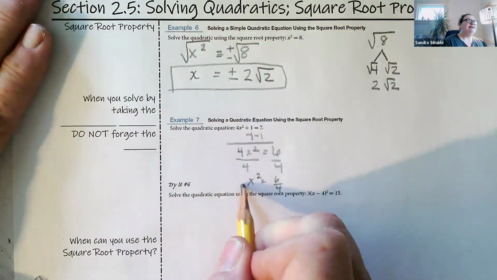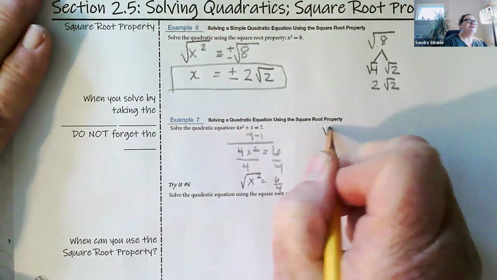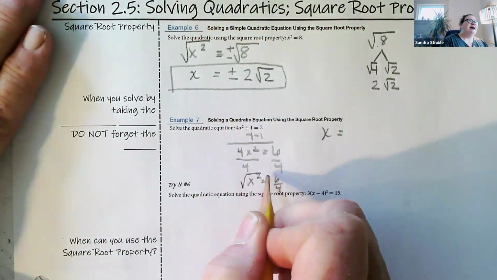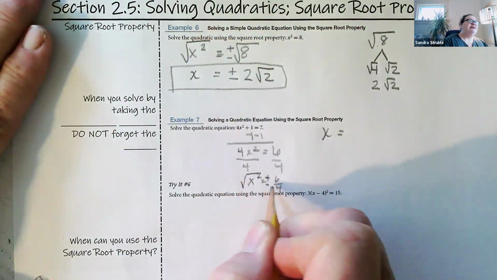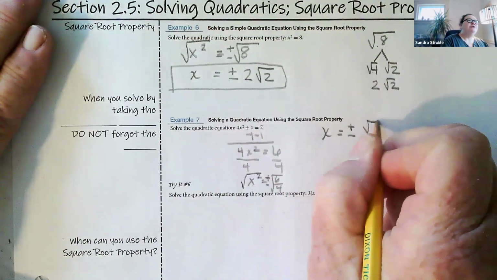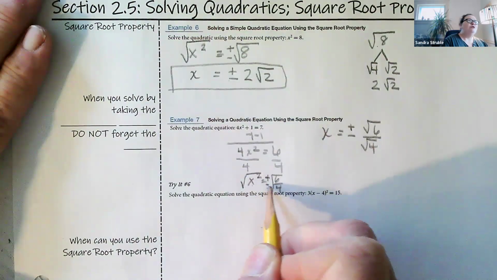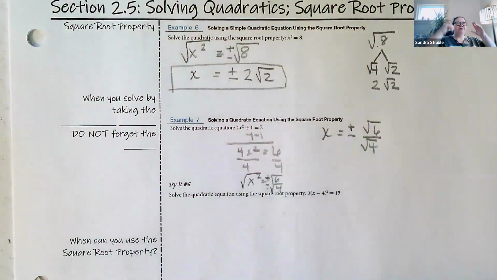So when I go to take the square root of this side, the square root of x squared is going to give me an x, right? But on the right side, I have to have plus or minus the square root. So it's plus or minus the square root of 6 over the square root of 4. That's what I can do with this whole square root, is break it down to the square root of the numerator divided by the square root of the denominator.